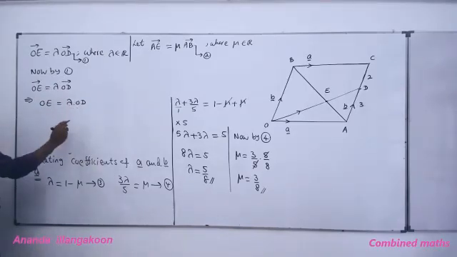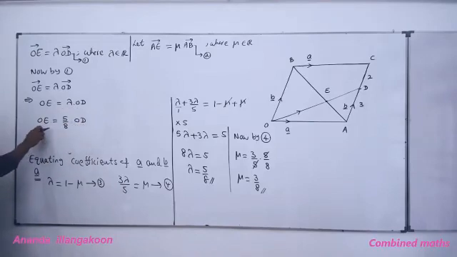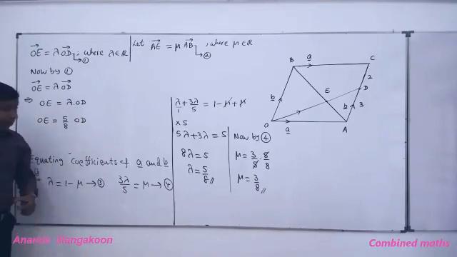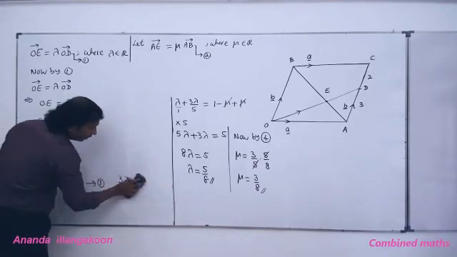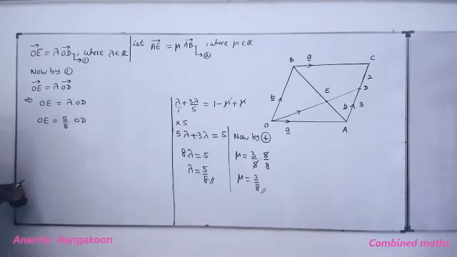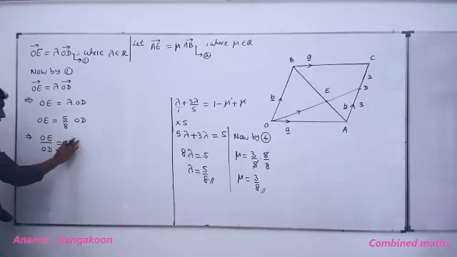What is lambda? 5 by 8, so 5 by 8 times OD. Now I divide both sides by OD. OD divided by OD, so OE over OD is equal to 5 by 8.